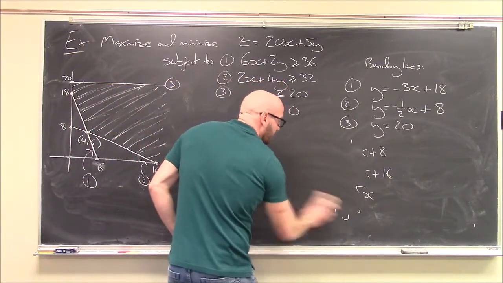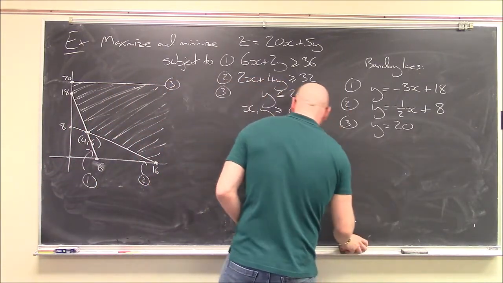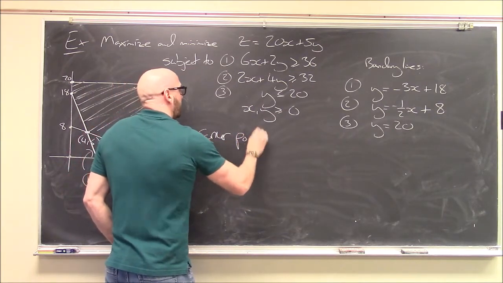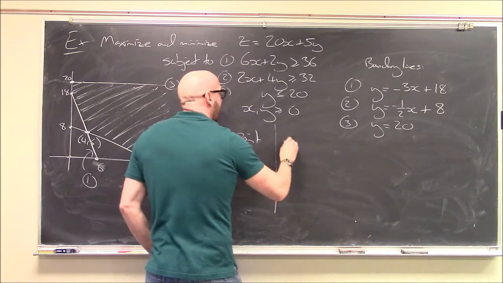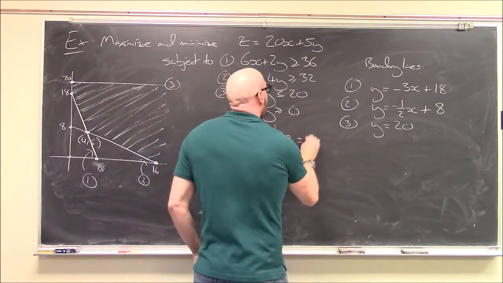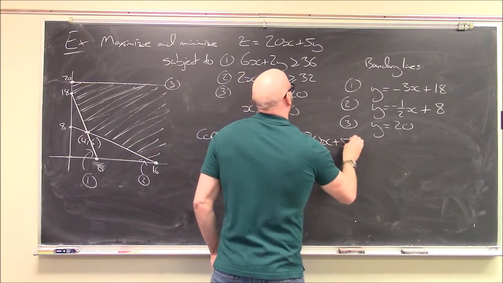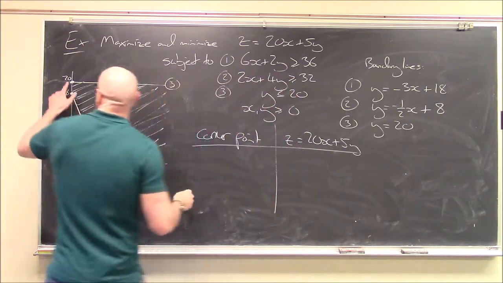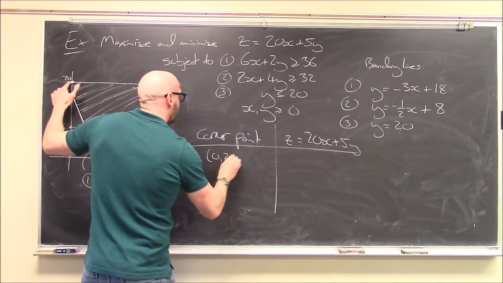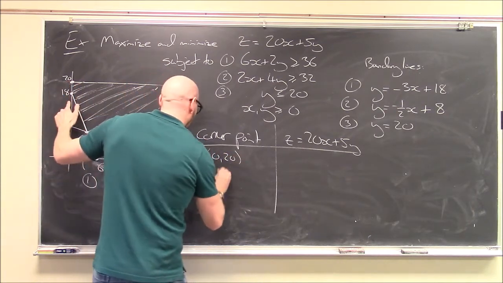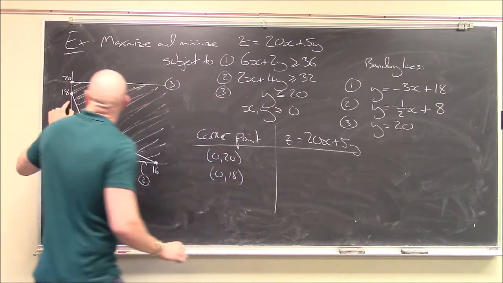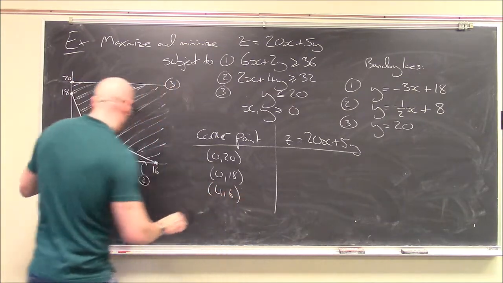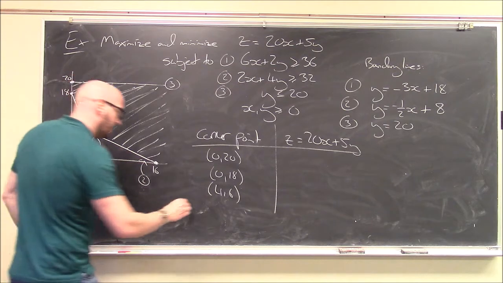So we're going to build the so-called corner point table, with the point, and here's my objective function, z equals 20x plus 5y, and we're just going to plug them all in. I've got a corner point of 0 and 20, a corner point of 0 and 18, a corner point of 4 and 6, and a corner point of 16 and 0.